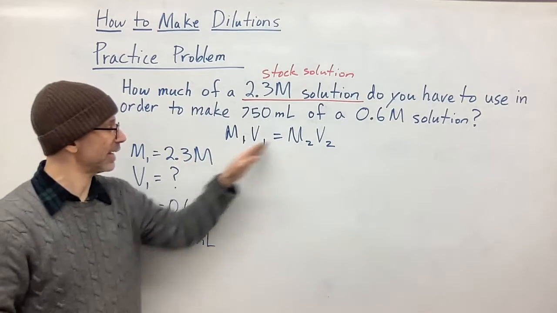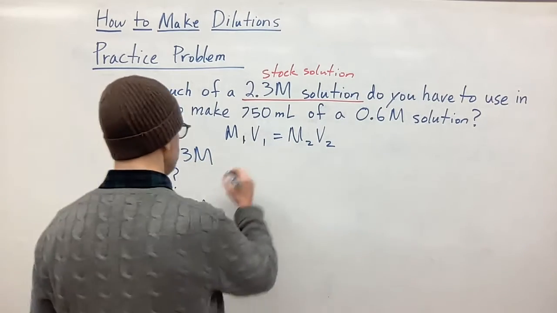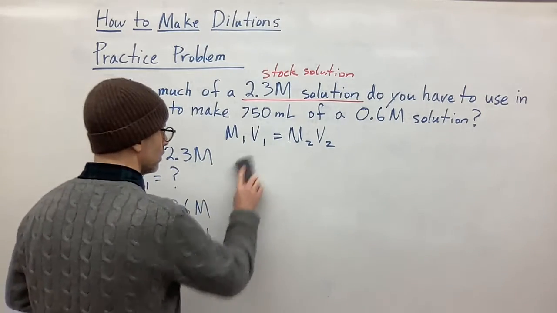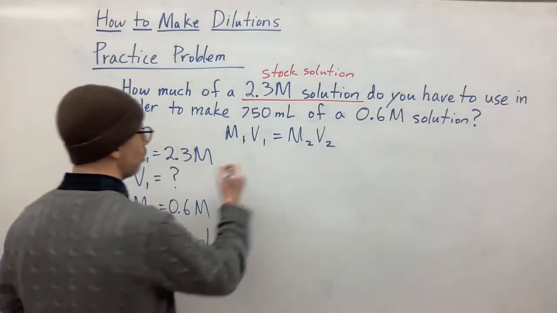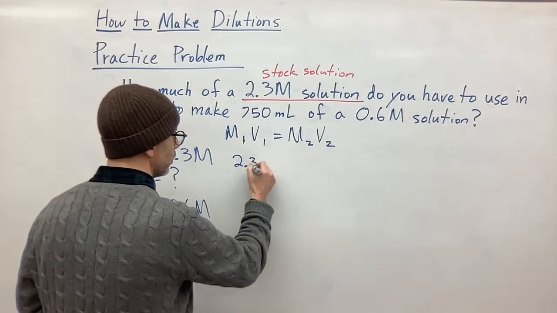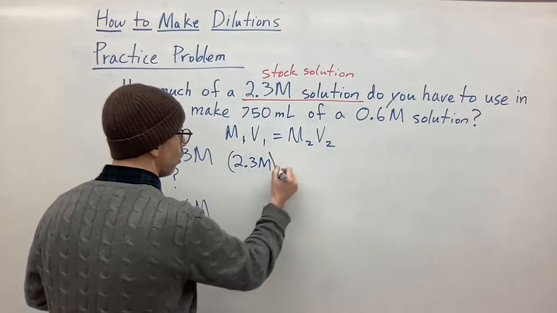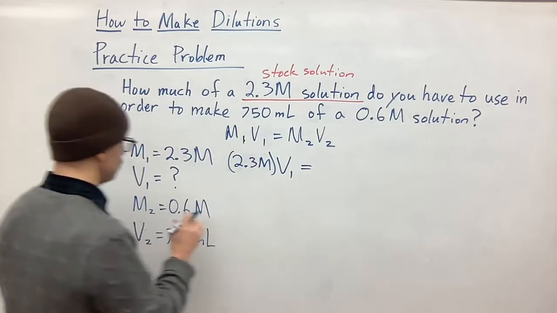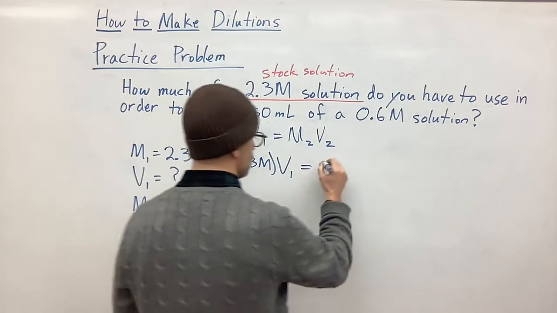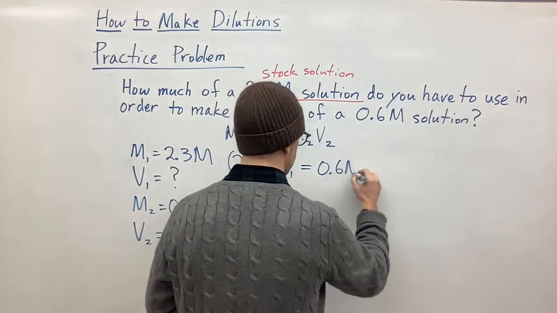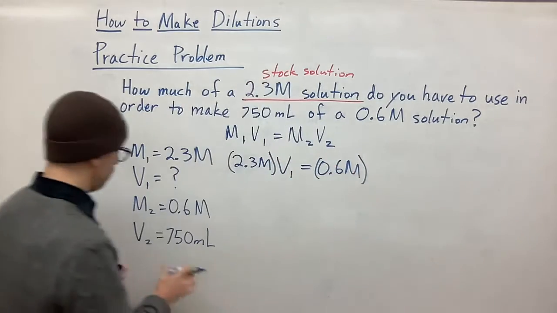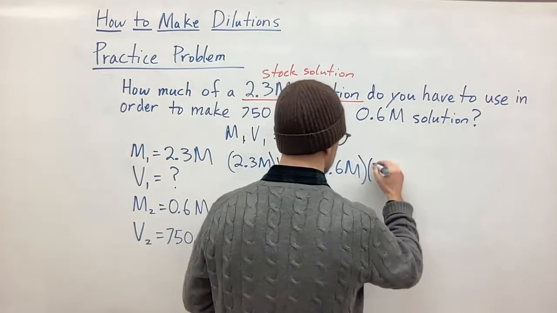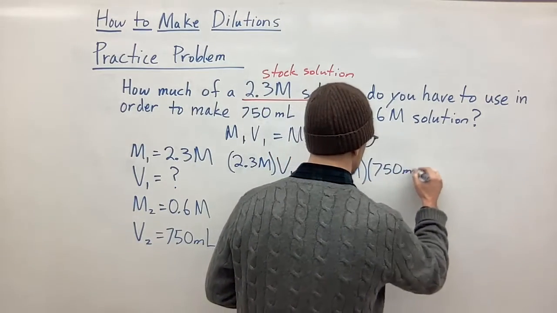So we're going to plug everything into the equation. My M1 is 2.3 molar, so 2.3 molar multiplied by V1, which is what we're looking for, is equal to M2, which is 0.6 molar, multiplied by V2, which is 750 milliliters.